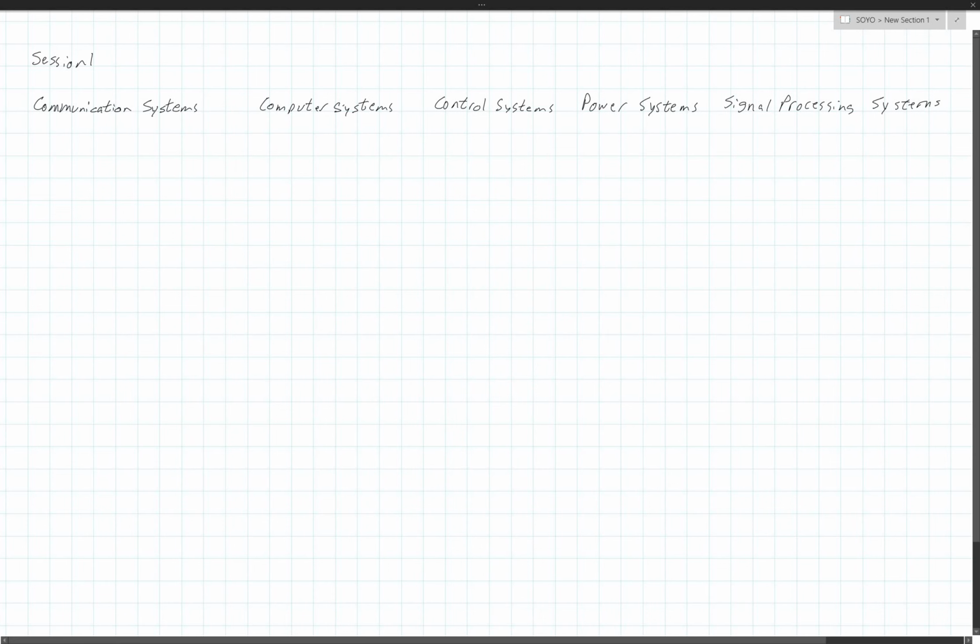So communication systems pretty much involve anything where you're passing data from place to place. This could be cellular networks, to just internet networks as well.